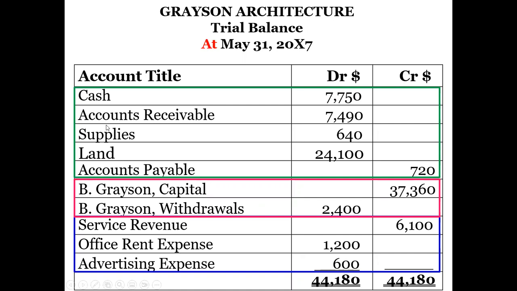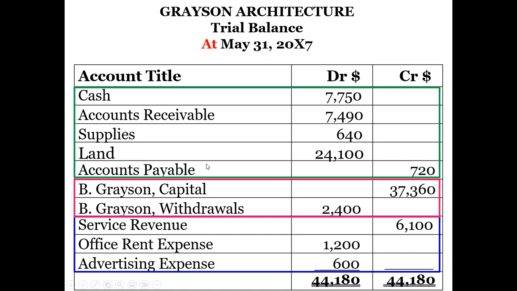Cash, accounts receivable, and supplies. Beautiful. And the non-current asset would be land. Then our only liability in this question is accounts payable, and that would be a current liability.